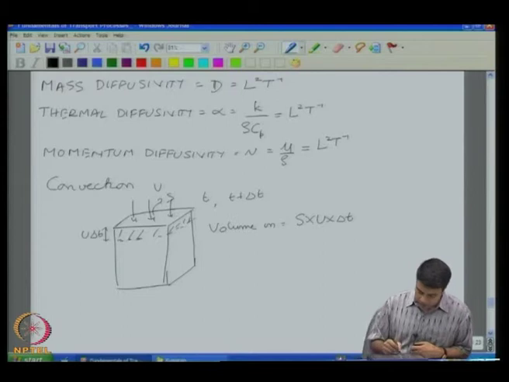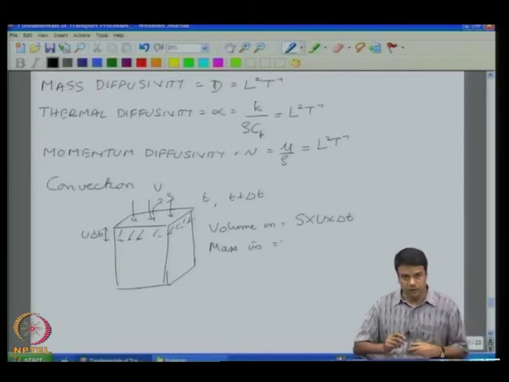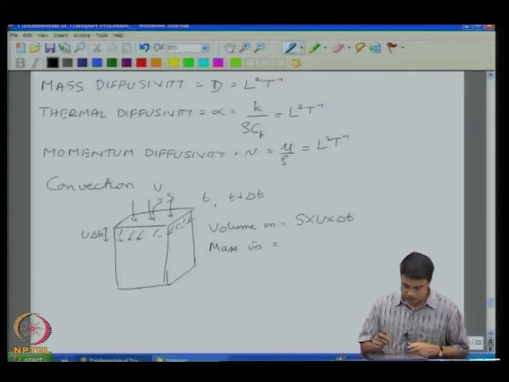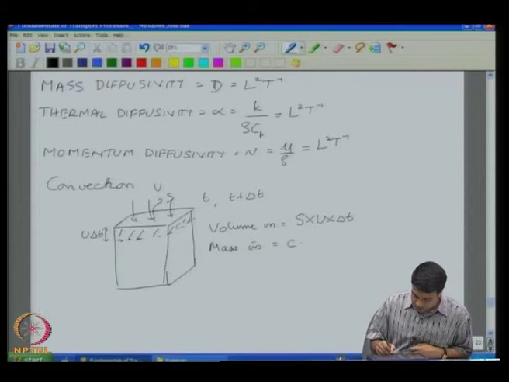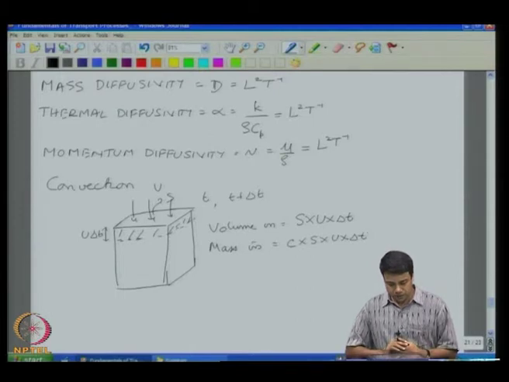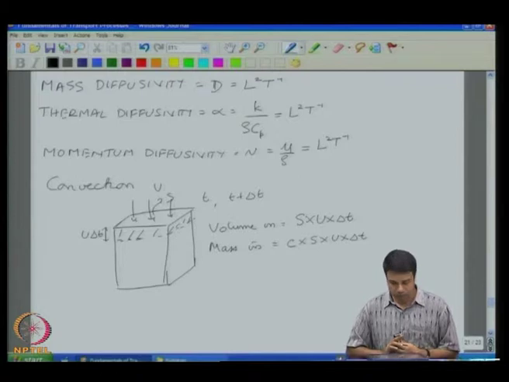So, the mass that has come in is going to be equal to the volume times concentration, which is equal to C into S into u into delta t. So, S into u into delta t is the volume that has come in, and the mass in is C into S into u into delta t.